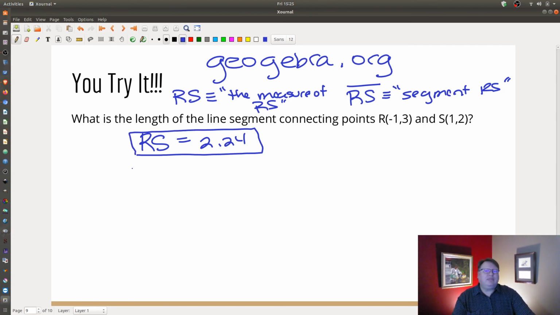So if you didn't get 2.24, I'm going to show you how to write this out. I don't want you to just feel like I left you out on that. So we're going to label these like you would have, x1, x2.